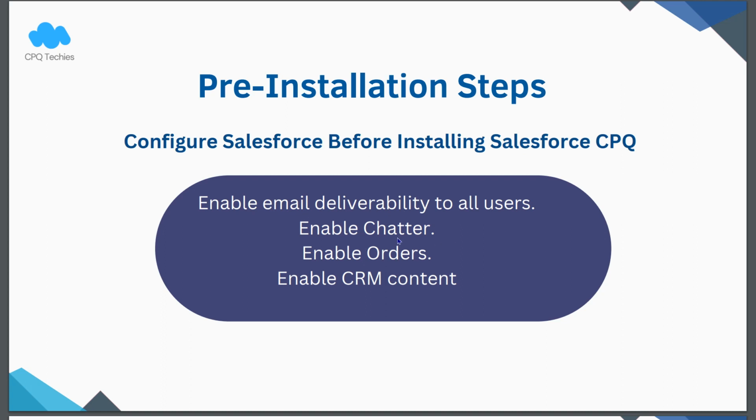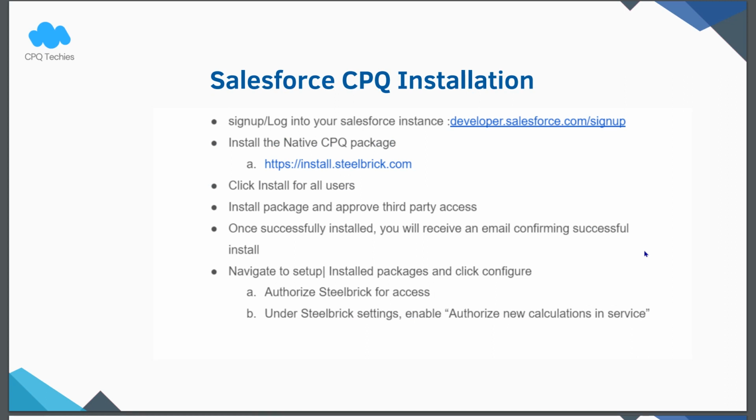If you go to the Chatter settings, there is a checkbox that we have to enable for Chatter. The same for the Order settings in Setup, and the same for CRM Content, there are some checkboxes that we have to check before installing the Salesforce CPQ. Okay, now there is a step by step guide on where we have to go to install the Salesforce CPQ.